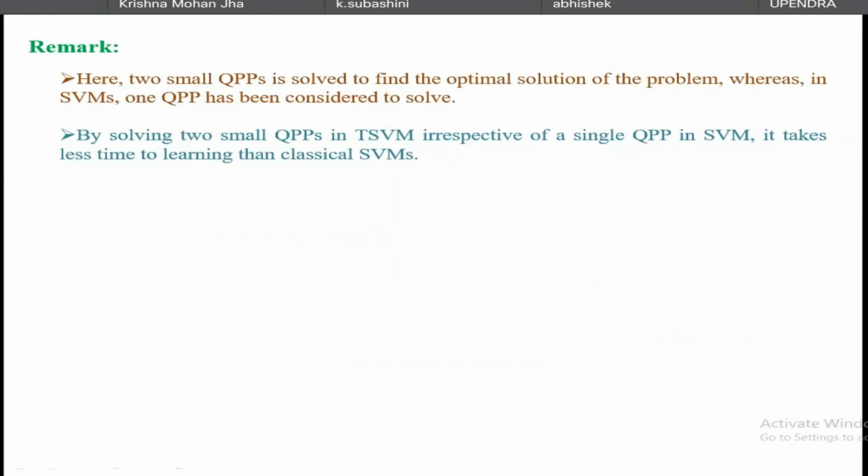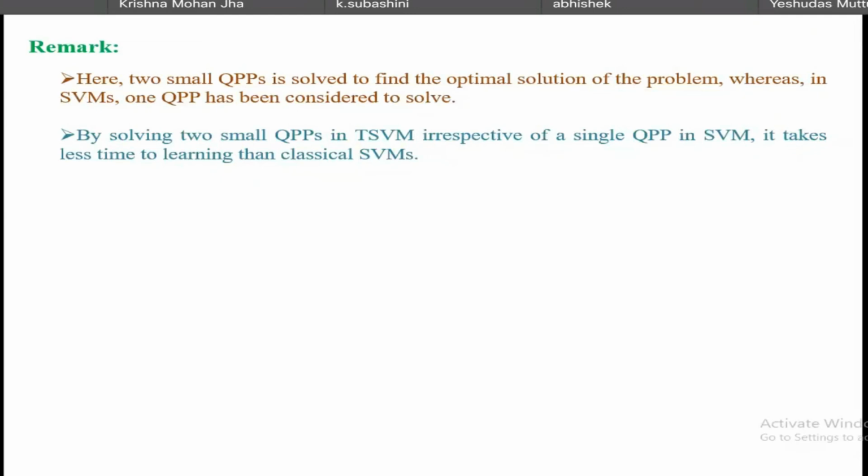If you notice, in SVM we are trying to find a single quadratic problem of size m. But in the case of twin support vector machine, we are solving two QPPs of smaller sizes, m1 and m2.